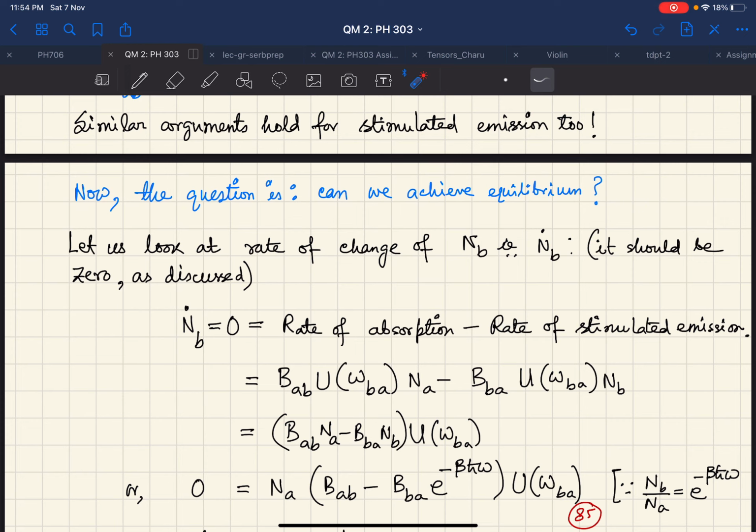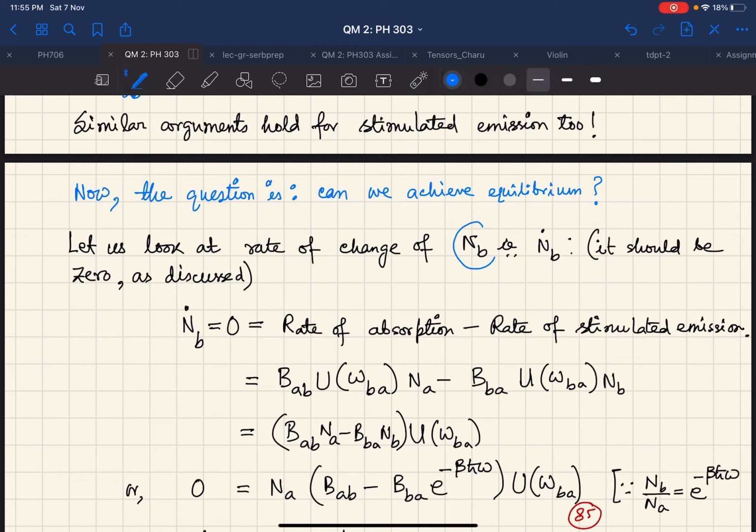Now, the main question is, with this scenario, with these so many items at hand, can we achieve equilibrium? So, to understand this, let us look at the rate of change of N_B.